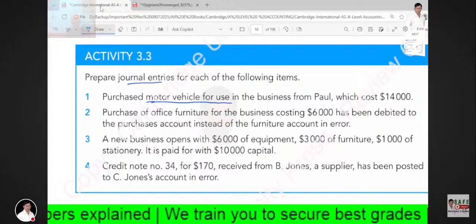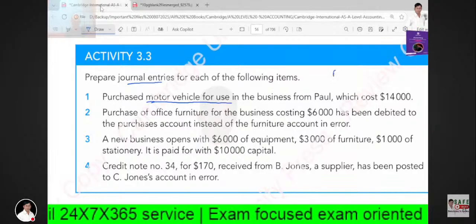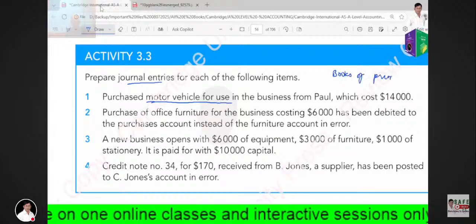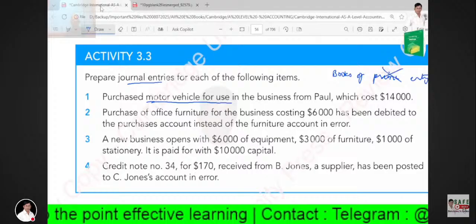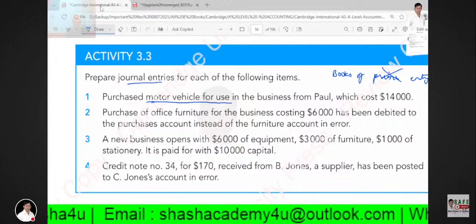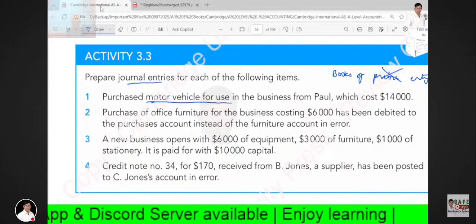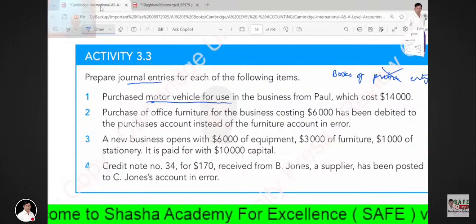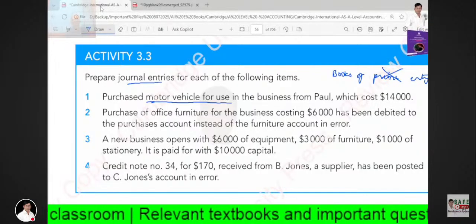Suppose the motor vehicle was purchased as merchandise, meaning for sale, then this would have gone to the purchase book, the purchase journal.